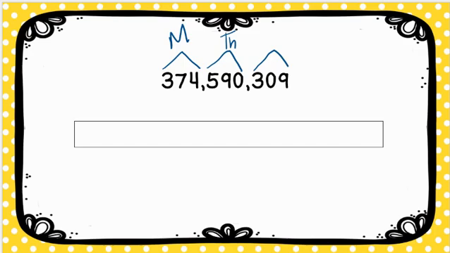As we read, which side do we start on? We start on the left side. So we're going to chunk it, and I'm going to help you chunk this one. What does this say? 374. So we're going to write 374.